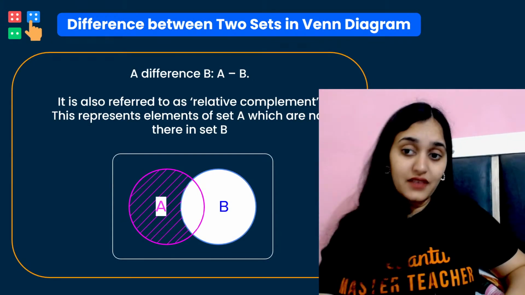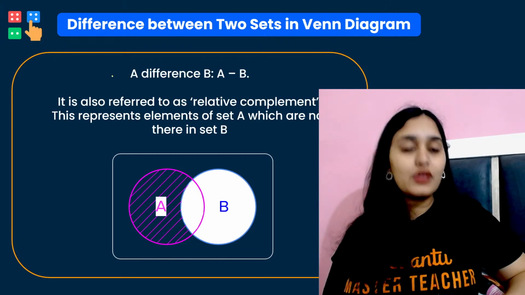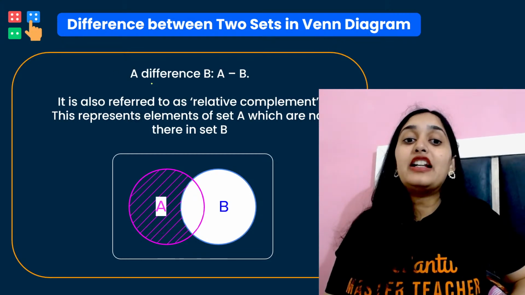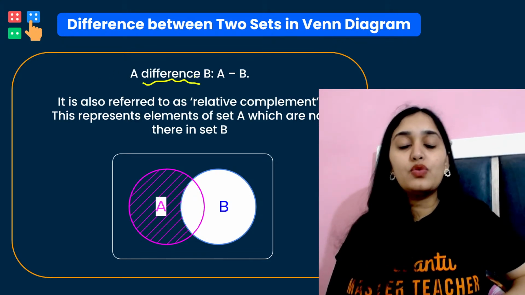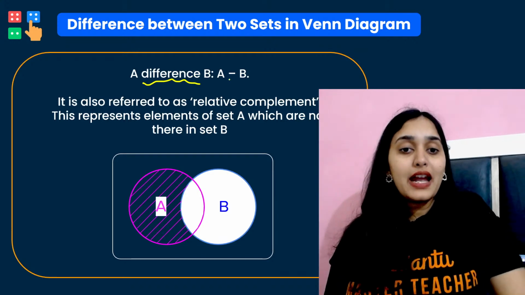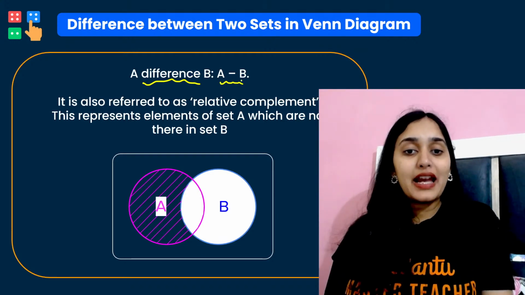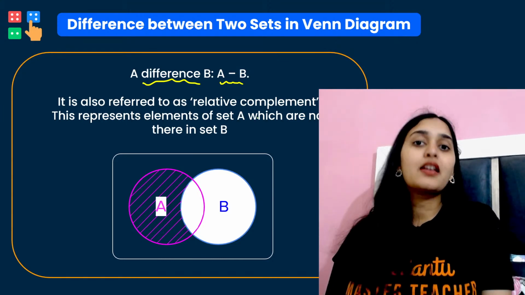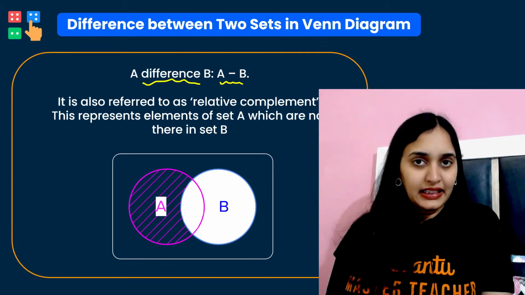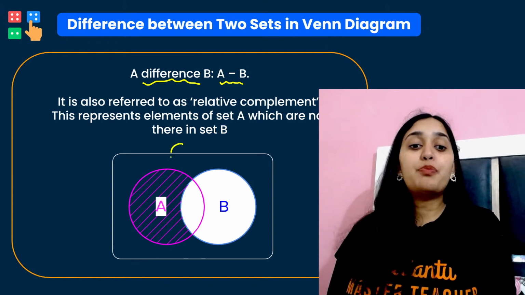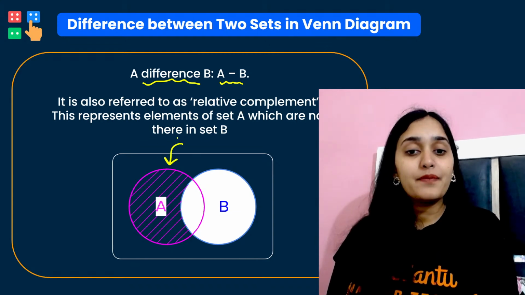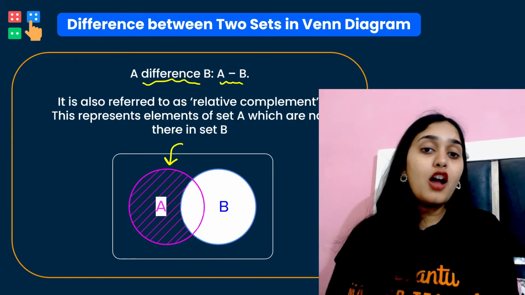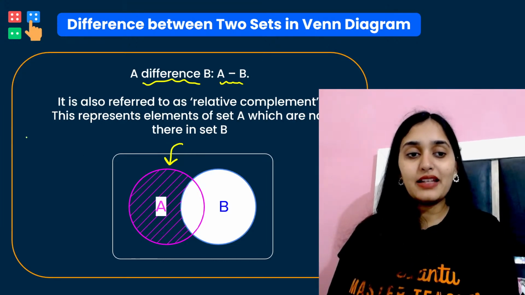Next operation that we are going to perform on two sets is basically difference of two sets. What do we understand by A minus B? Well, basically A minus B is any element that is present in A which is not at all there in B. How we will write?